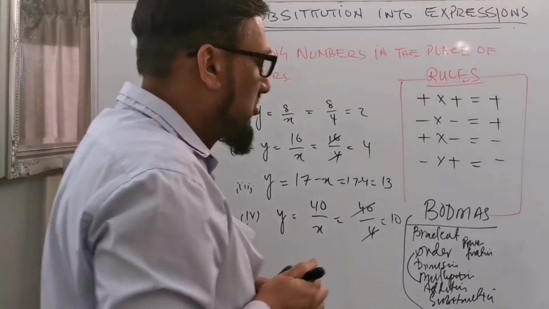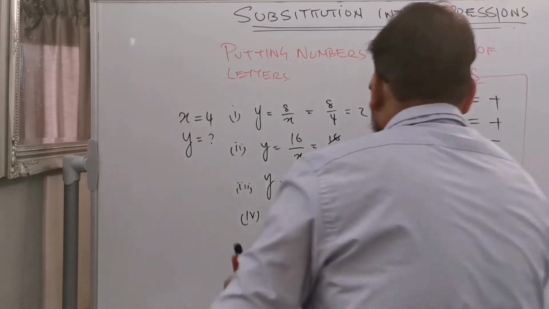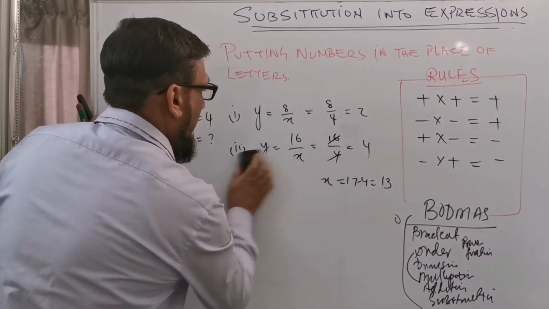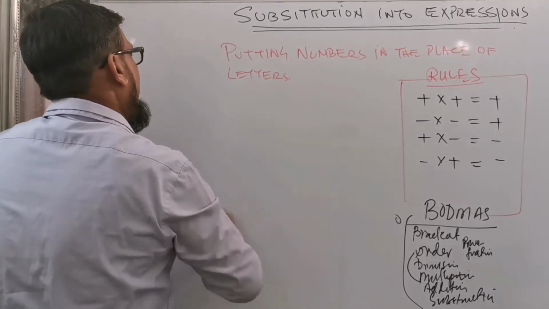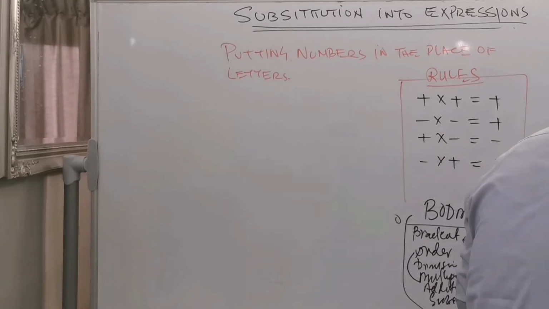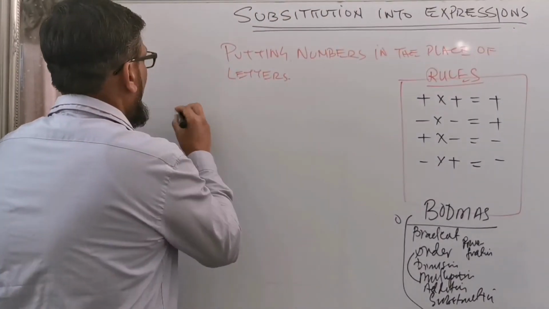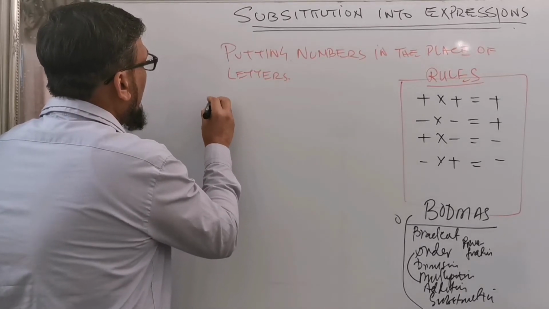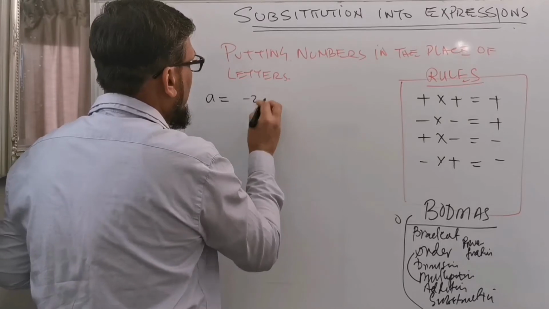Now I'm going to move on to more expressions. The value of a is, for example, given as minus 2.